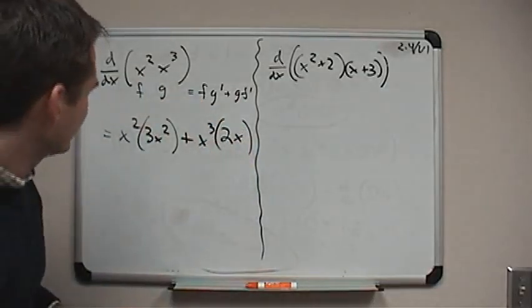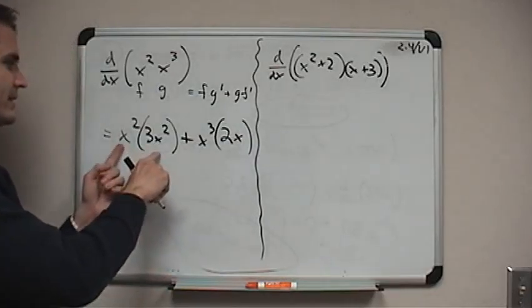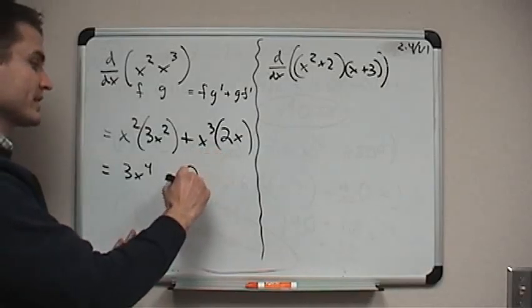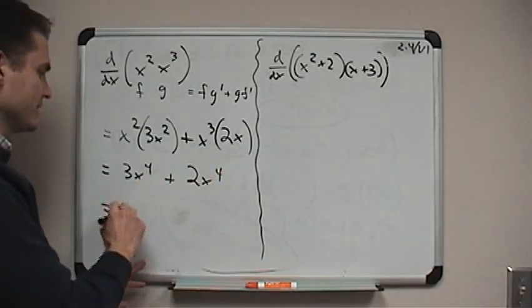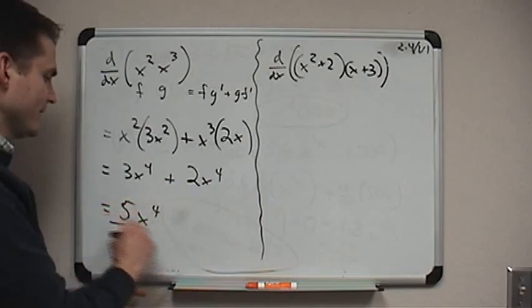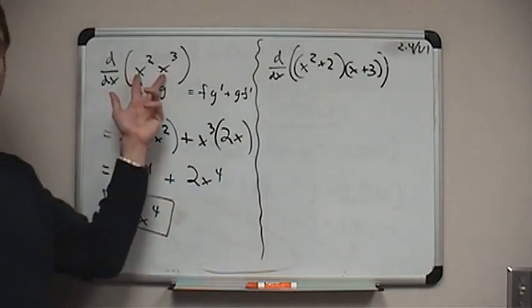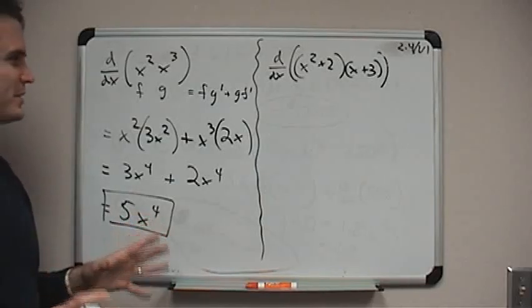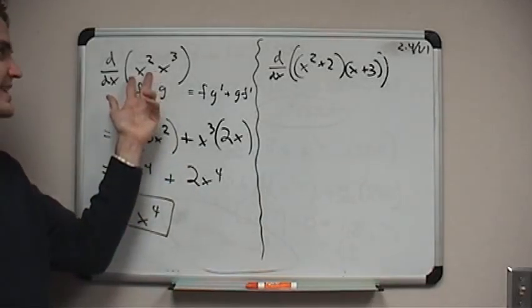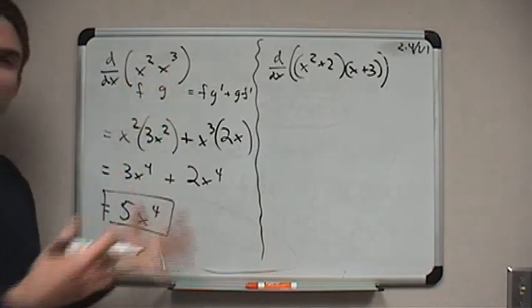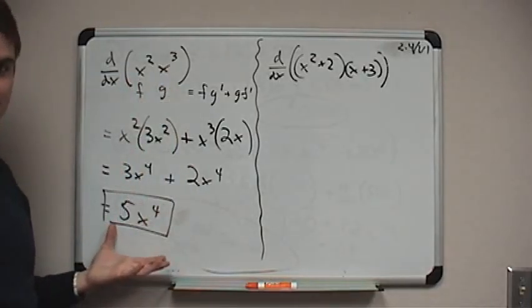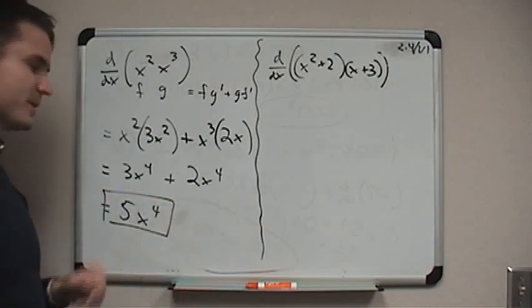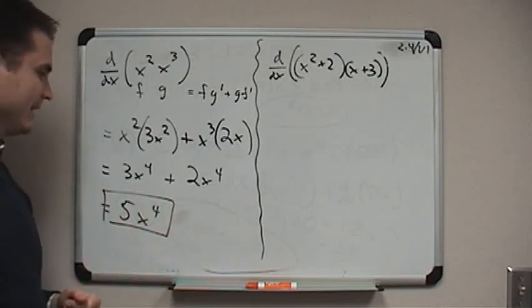So what we get here is 3x to the fourth plus 2x to the fourth, which is 5x to the fourth. So that's the derivative of this product of two functions using the product rule. Now again, if you had noticed that you can actually just multiply these together to get x to the fifth, you wouldn't have needed the product rule at all, and you would have gotten, of course, the same derivative. But the goal here is to try using the product rule, so that's what we get in any case.